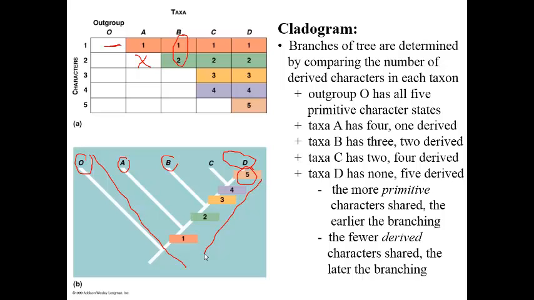So we use these structures shared in common in order to create this cladogram. The cladogram is going to give us the order in which different characters or different traits evolved, and it's going to give us the order in which different species evolved.